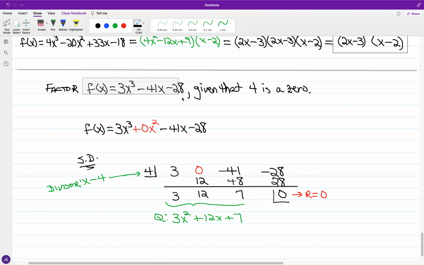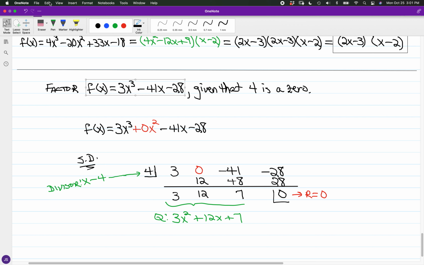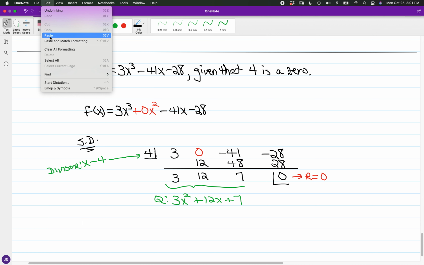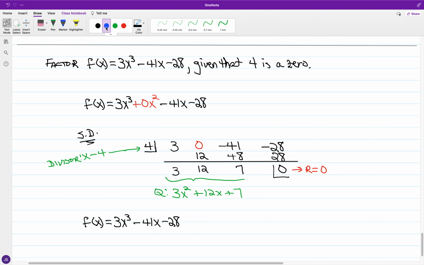So for 3x cubed minus 41x minus 28, the factorization is the quotient, 3x squared plus 12x plus 7, times the quantity of x minus 4. And this will be the complete factorization.